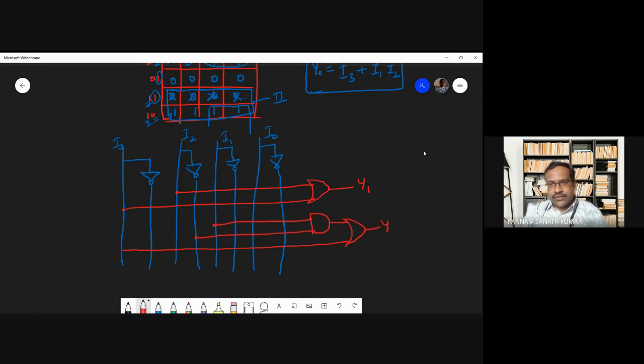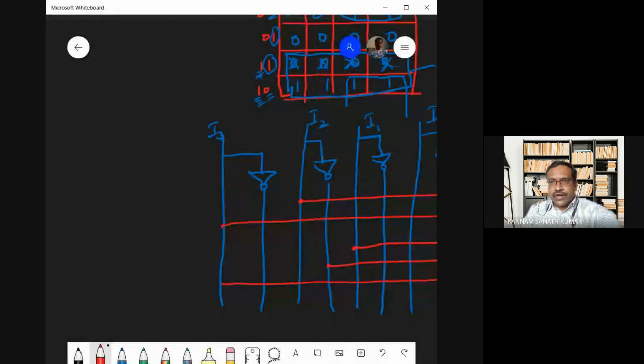Okay. So here you are getting Y0. So like this you have to design the priority encoder. Okay. Is it okay? Any doubts in this, students? If you don't have any doubts, I can move forward. Students, give response.